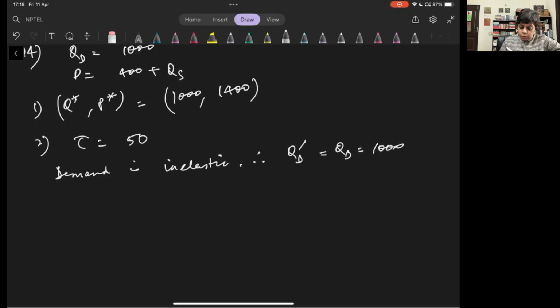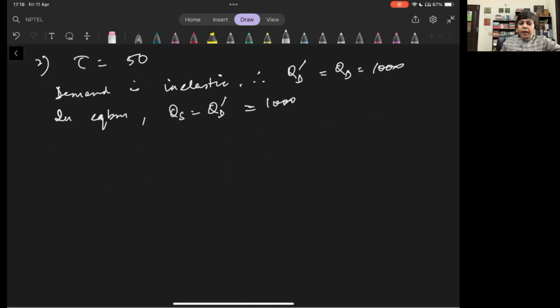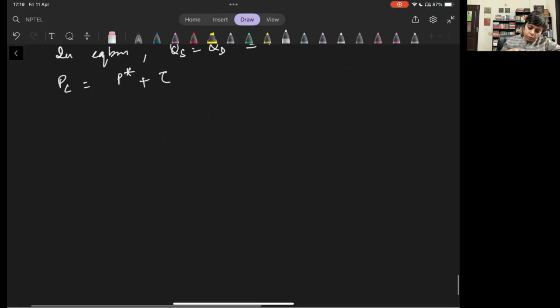And in equilibrium, QS is still equal to QD, which is 1000, right? Now, the price which the consumer is going to pay is going to be P star, the initial equilibrium price, plus tau, right? Because in this case, the entire burden is going to the consumer.